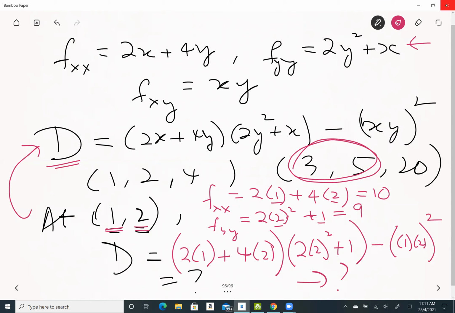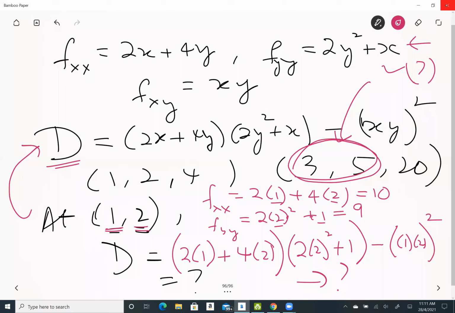So what I want you to do for this example, you finish up for the second critical point. Any question? This part here is not that simple because I also get a headache.